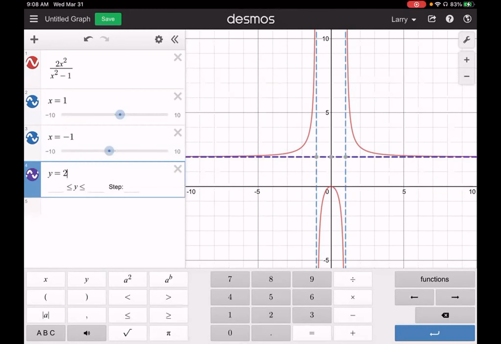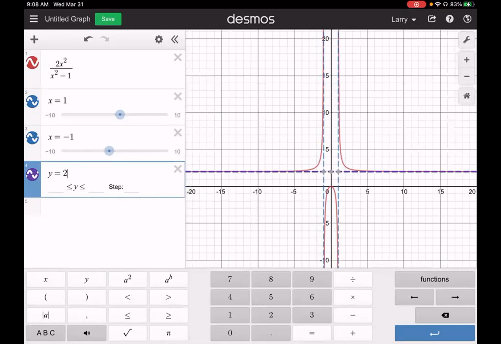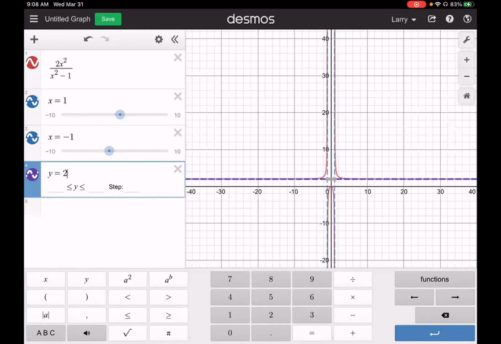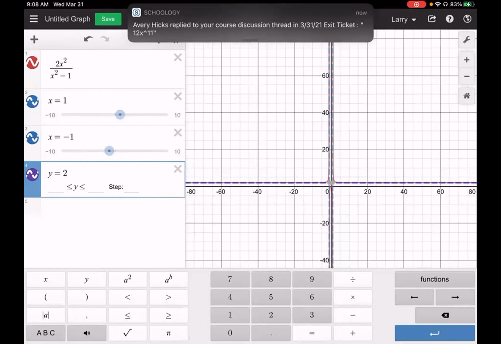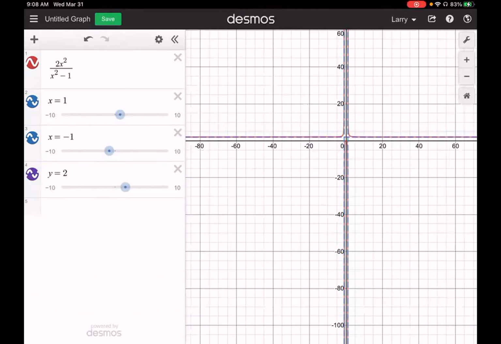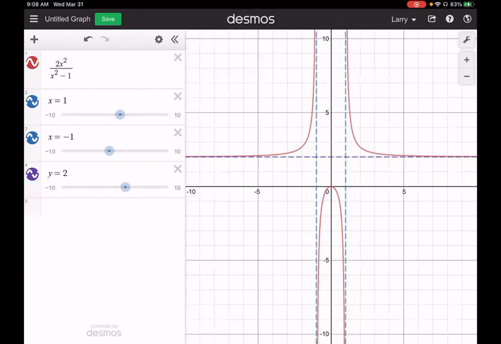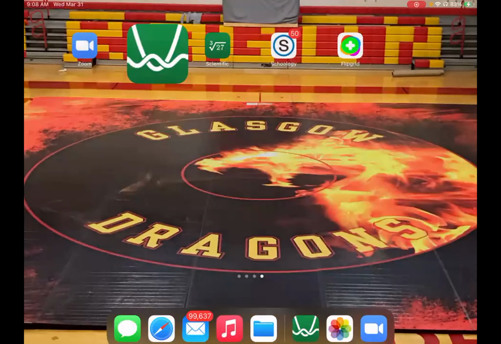And now that looks like what I want to see. That horizontal asymptote moved up to where that is. Again, as I zoom out, nothing appears to be crossing those asymptotes. Zoom back in, and we see it there. We're not worried about graphing them just yet, but I want you to see how they're graphed, so it's not a totally brand new or foreign idea when we come back from spring break.